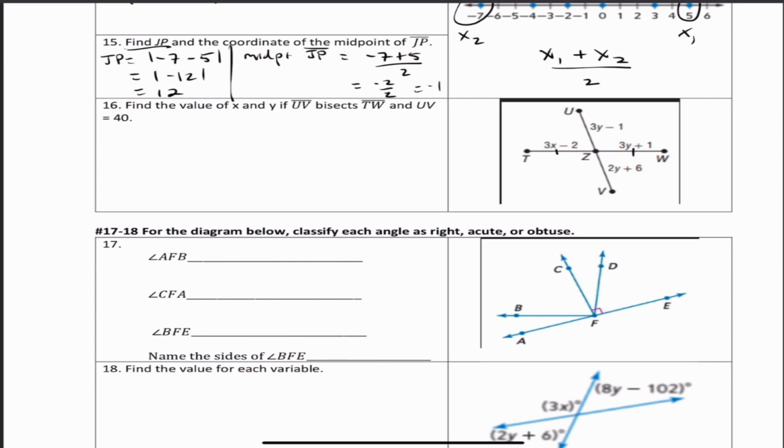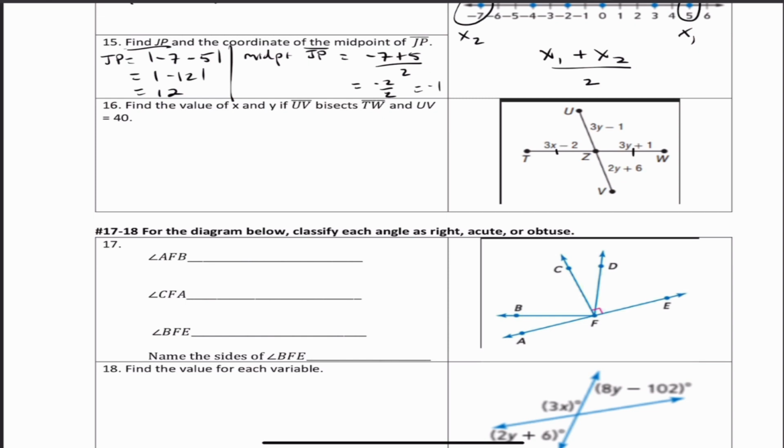So that means if I want to set my equation, these are definitely going to be equal to each other. But the problem here is, if I set these equal to each other, I have an x on the left side and y on the right side, and I can't do the algebra.